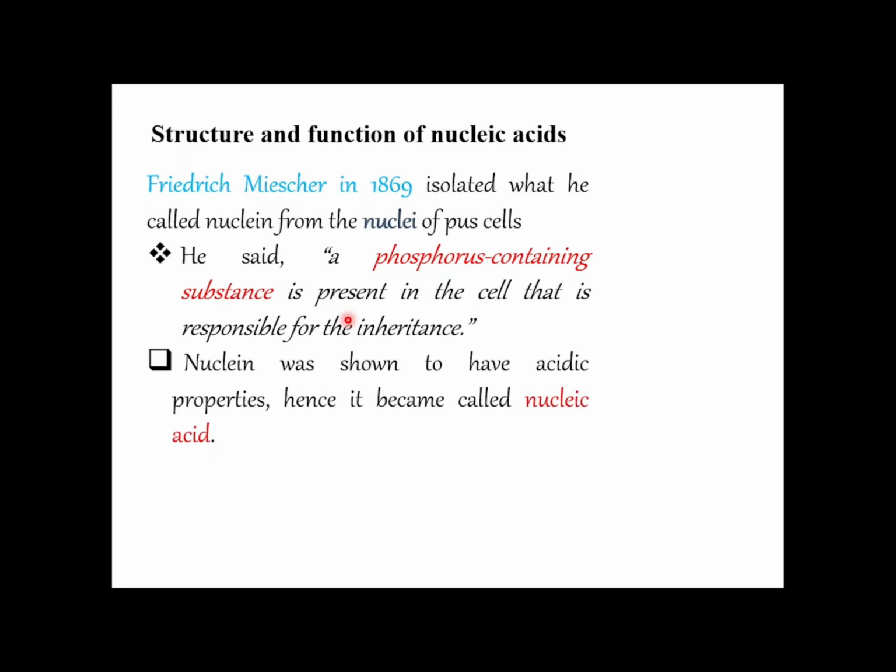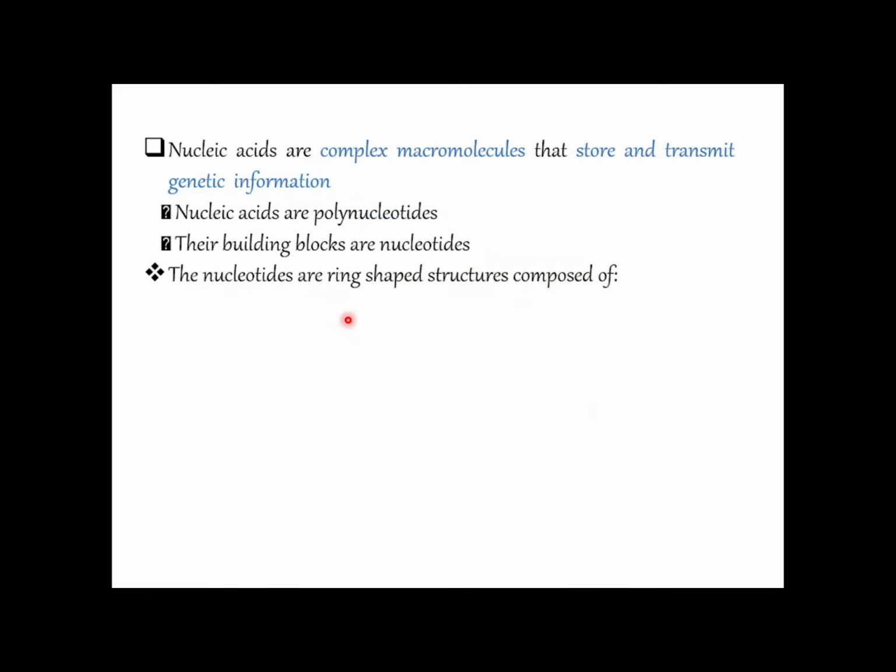At that time, he had no understanding of DNA, but he was able to isolate nuclein from the nuclei of pus cells. So there is something responsible for the process of inheritance. The nuclein was shown to have acidic properties. Hence, it became called nucleic acid.